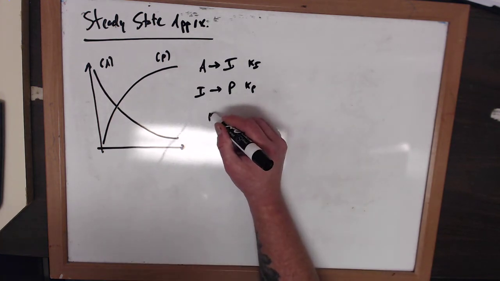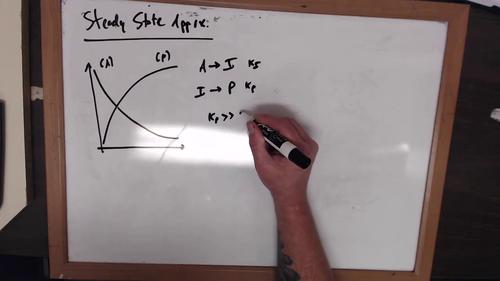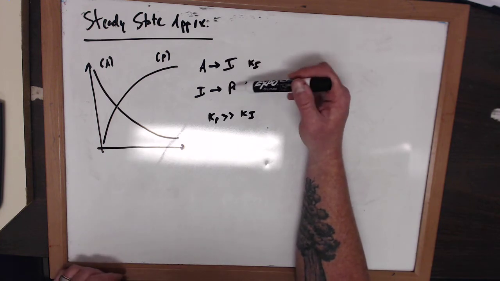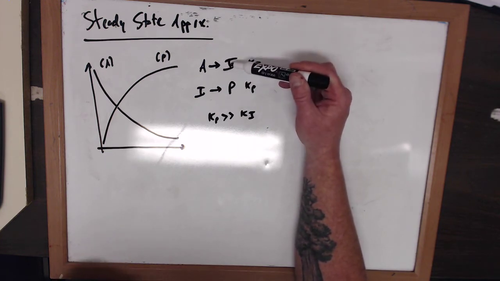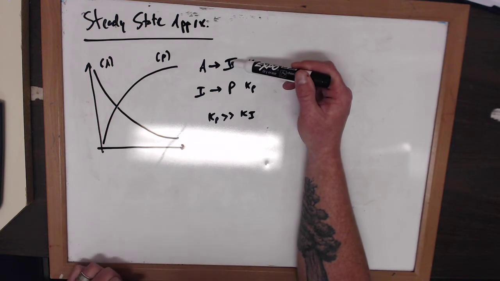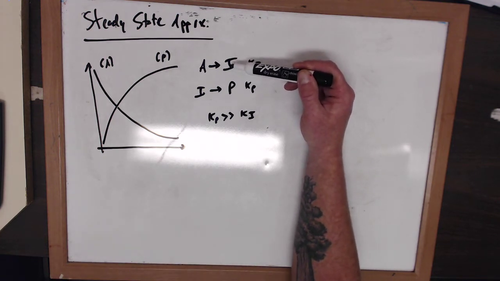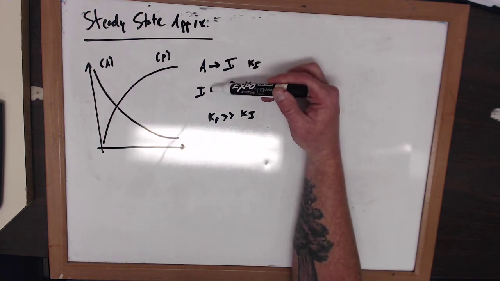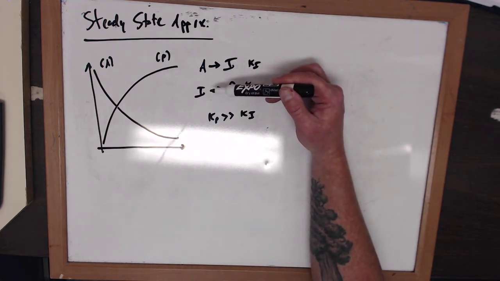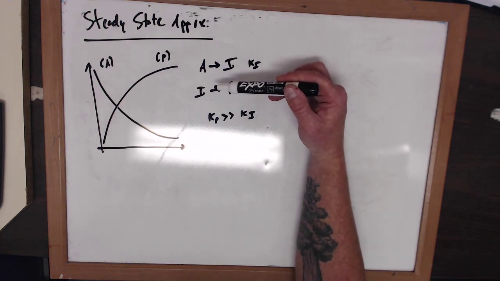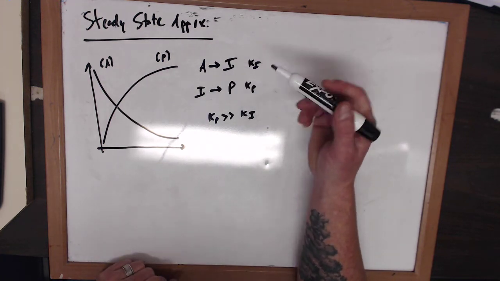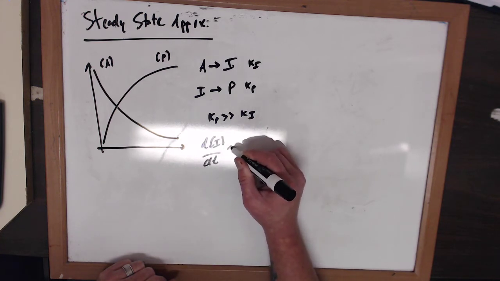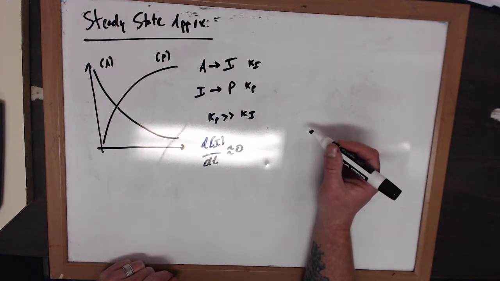But now, in the event where Kp is much, much greater than Ki, so in other words, where this reaction is very fast and this is very slow, then I doesn't really have an opportunity to max out. In other words, as soon as it's produced, it's going to be consumed. And what that does is it makes the production of I roughly equal to 0. In other words, dI/dt will be approximately equal to 0.